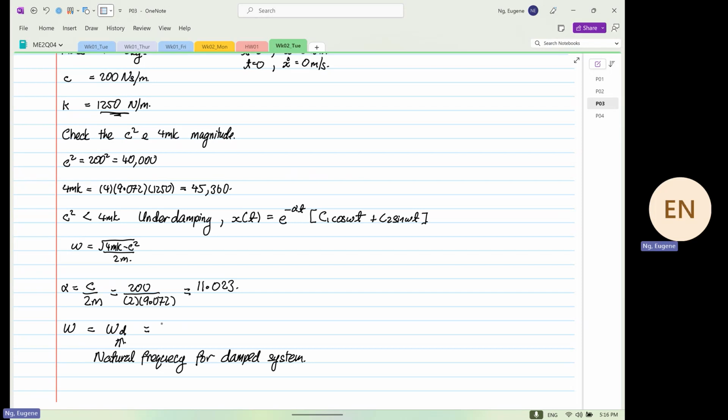And then this will be equal to the square root of 4MK minus C squared, divided by 2m.